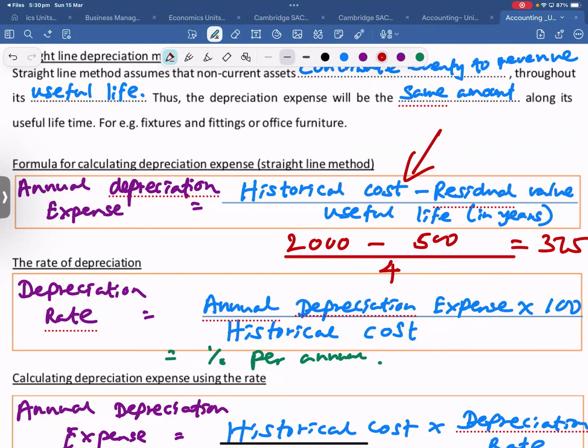You calculate the annual depreciation expense from the rate, and then you can calculate monthly or quarterly expenses. They never give you a monthly or weekly rate, always annual, per annum.